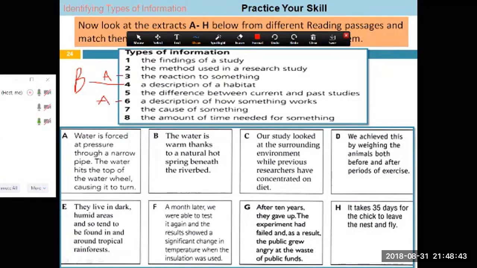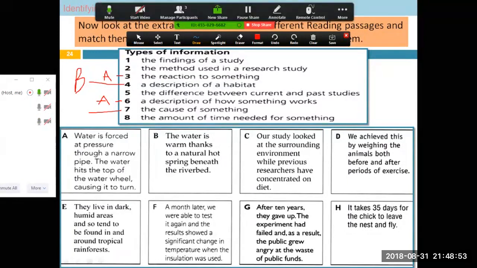Yes, it could be. So the cause of warm water, like if I translate it, what is coming into my mind is that the cause of the water being warm is the hot spring beneath the riverbed, right? This is what you are saying. So anyways, the amount of time needed for something, yes or no? No.